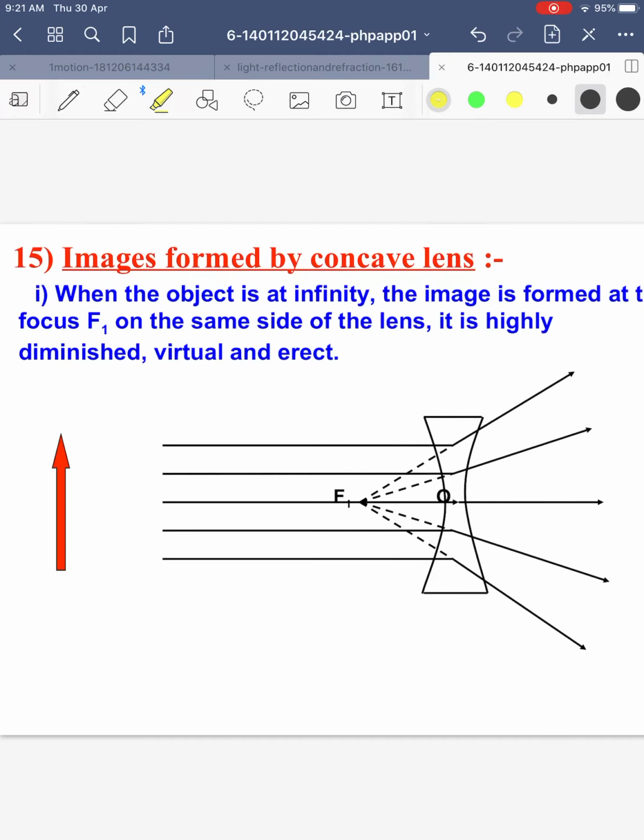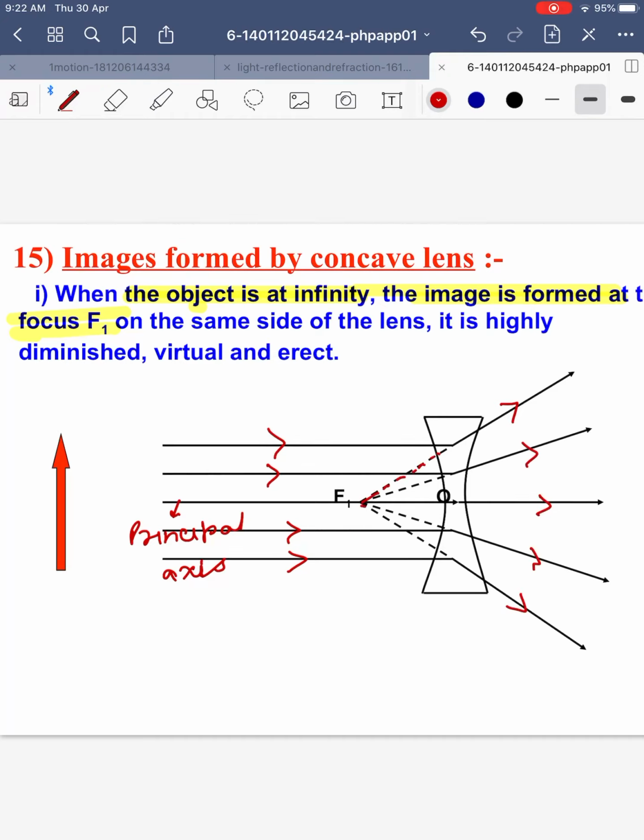For a concave lens there are only two cases: object at infinity, and object at finite distance. First, when the object is situated at infinity, the image is formed at the focus. Here we have rays parallel to the principal axis, because the object is at infinity. Since a concave lens is a diverging lens, it will diverge the rays outwards.